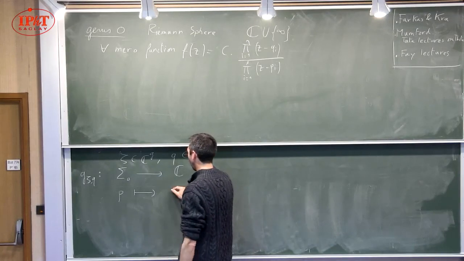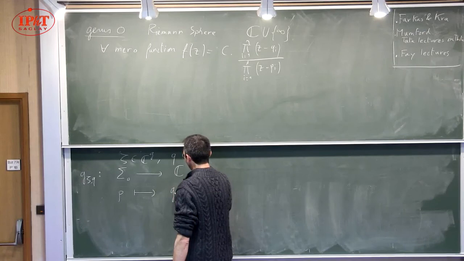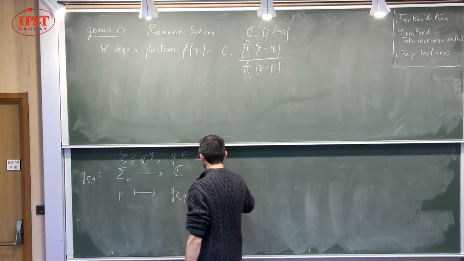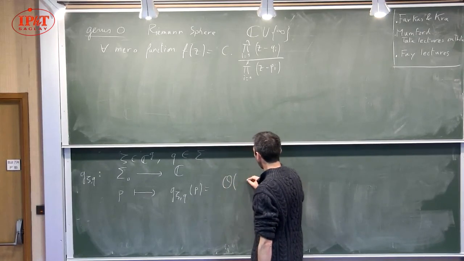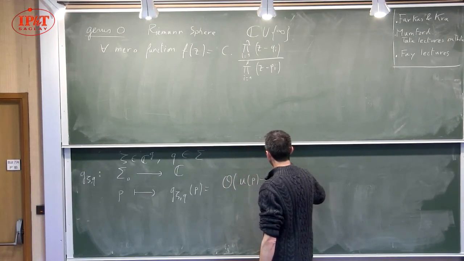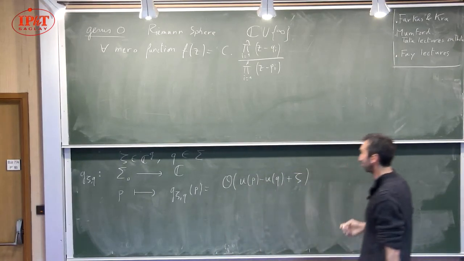That is, P associates g zeta Q of P is theta of u of P minus u of Q plus zeta. Okay, why not?